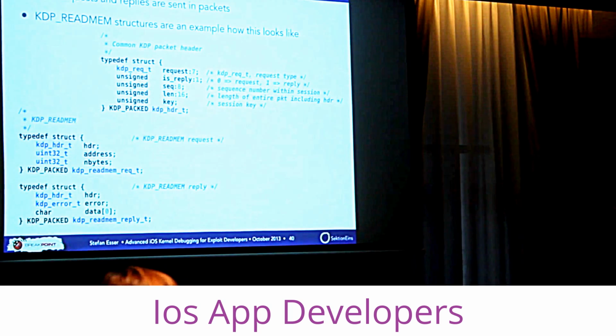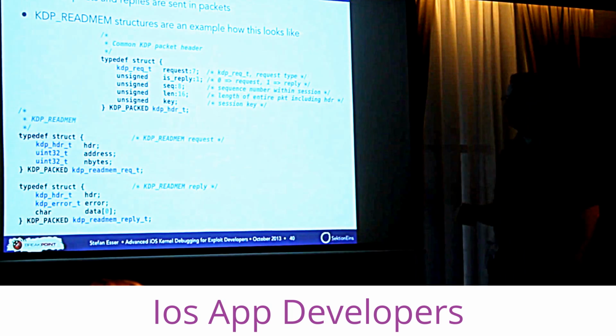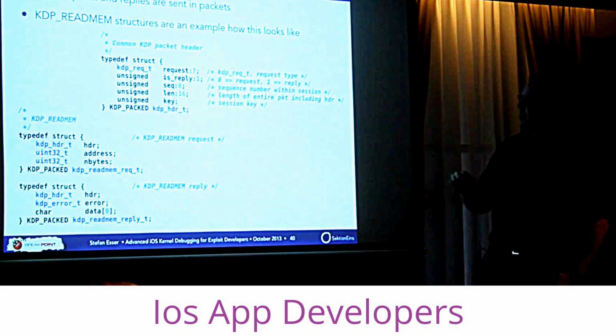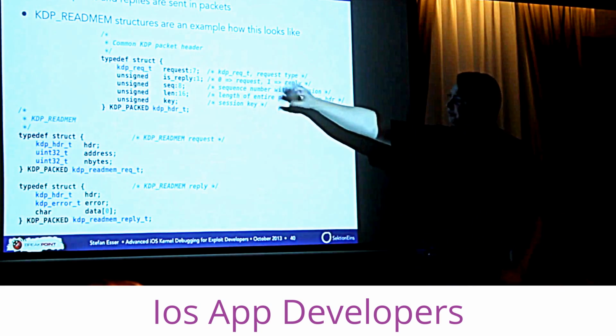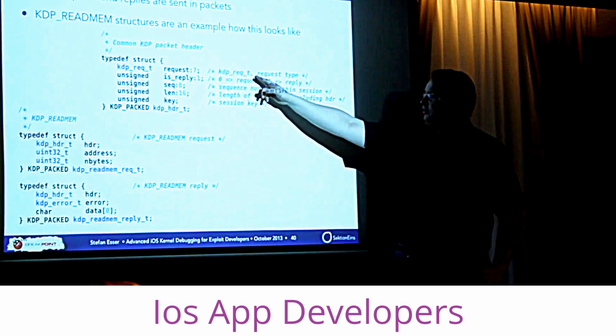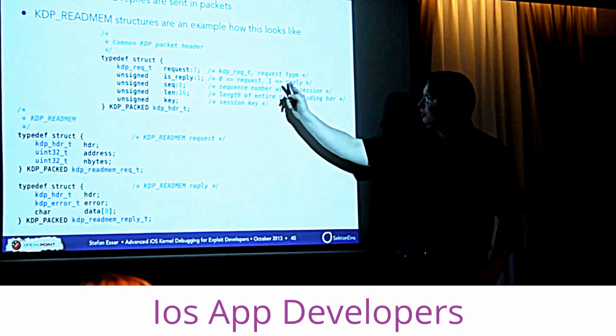So the actual packets, like I said, are sent over UDP, which is then sent over serial. The packets all have a little header, which is 8 bytes. It contains the information about what kind of request that is. It has a 1-bit flag that says it's either request or reply.